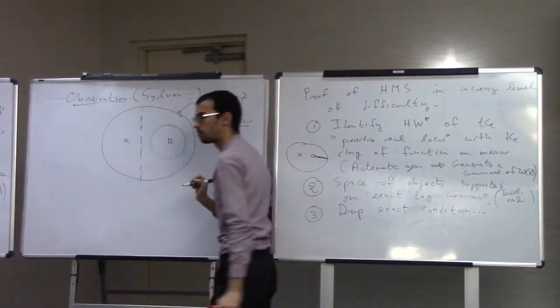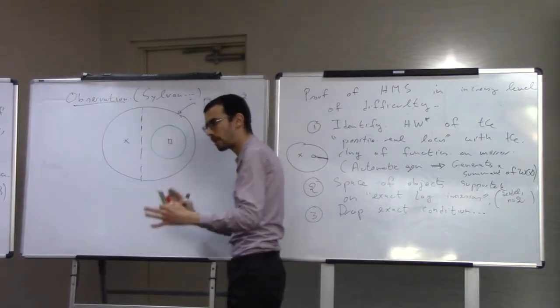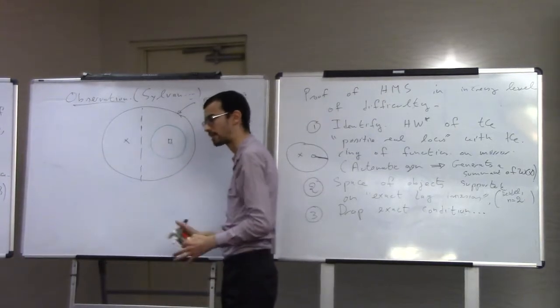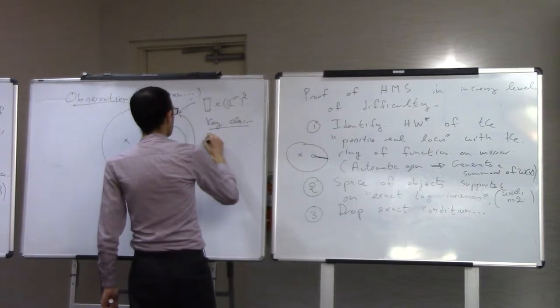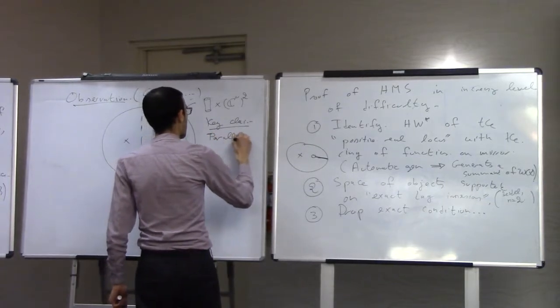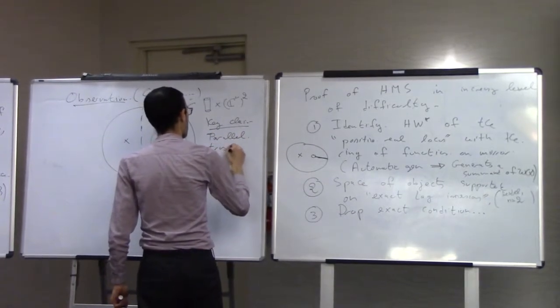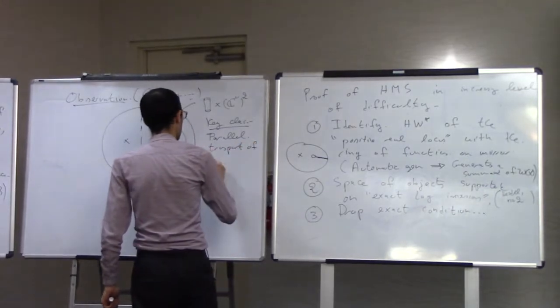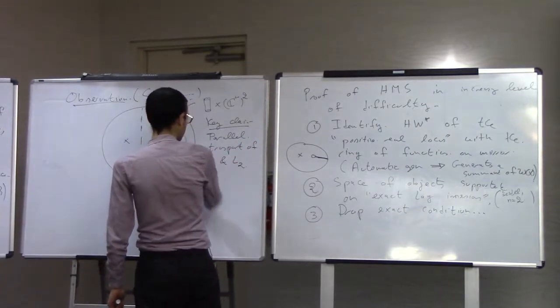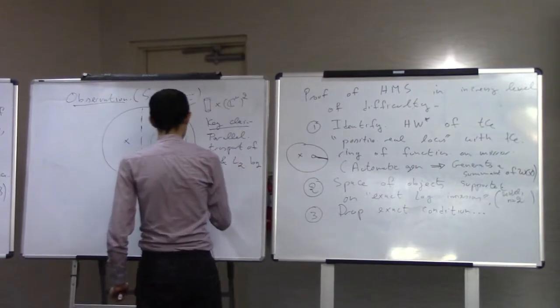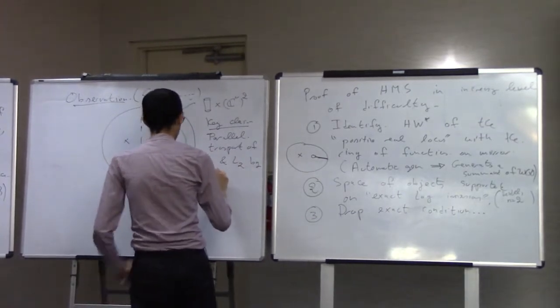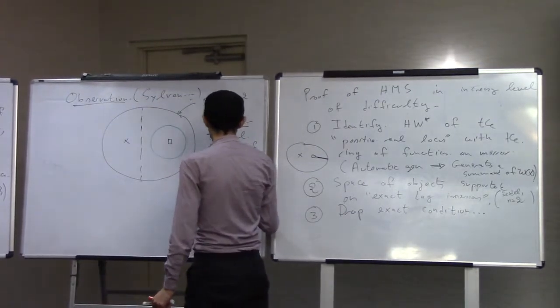They're all the same. L1 and L2 are the same. They're Hamiltonian isotopic if you make them exact. So the parallel transport of L1 and L2 by Chekhanov circle are Hamiltonian isotopic.